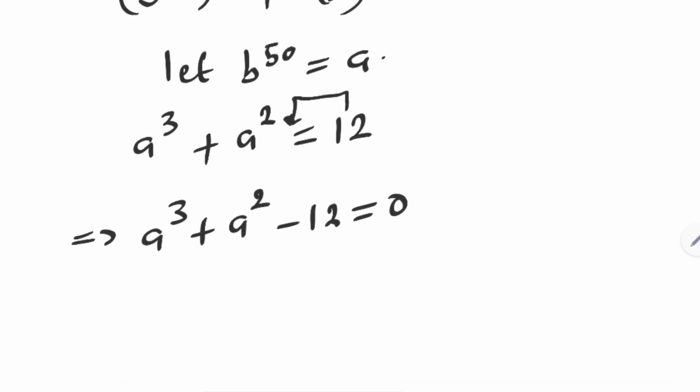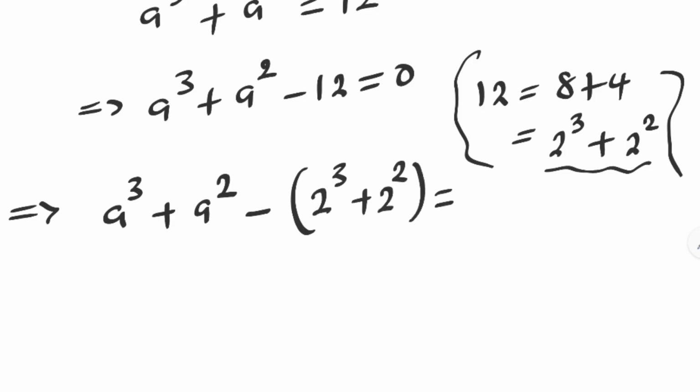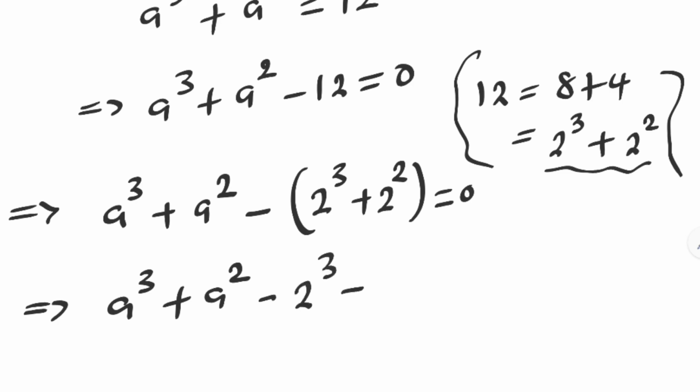Now, 12 is equal to 8 plus 4. This is equal to 2 raised to power 3 plus 2 squared. A raised to power 3 plus a squared minus 12 can be written as a raised to power 3 plus a squared, let us open the bracket with this negative, minus 2 raised to power 3 minus 2 squared is equal to 0.